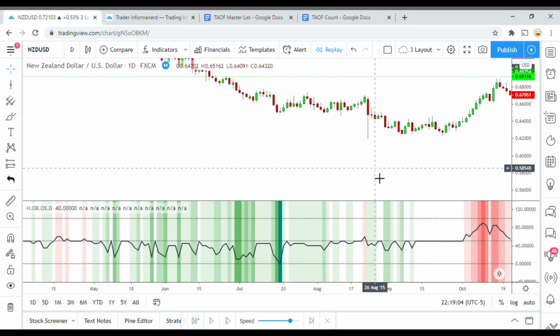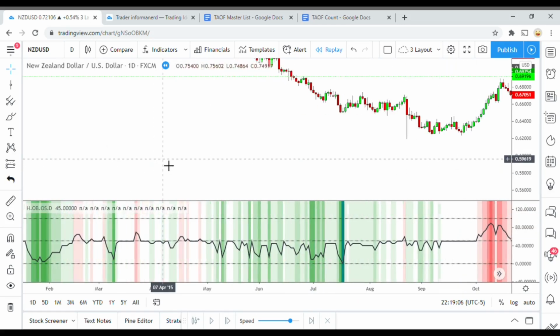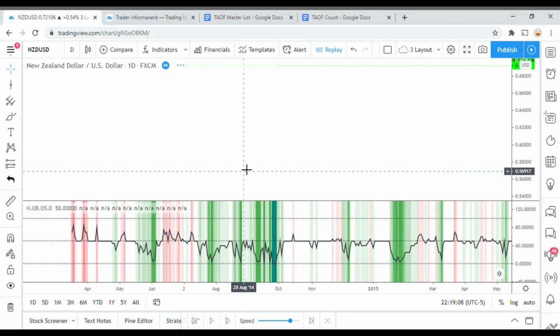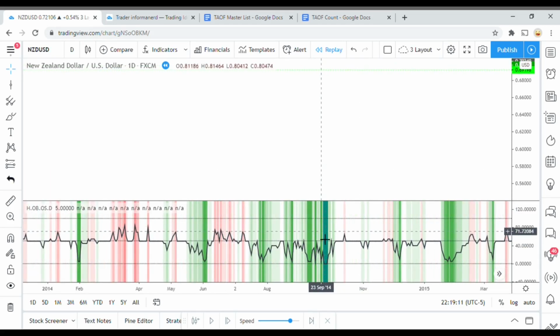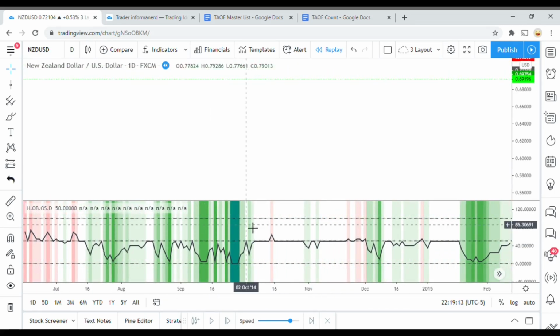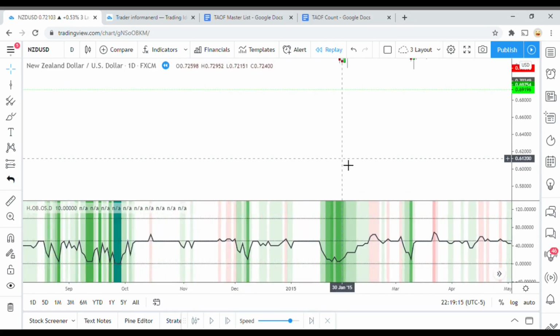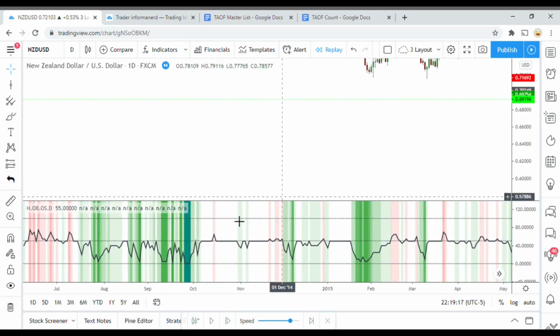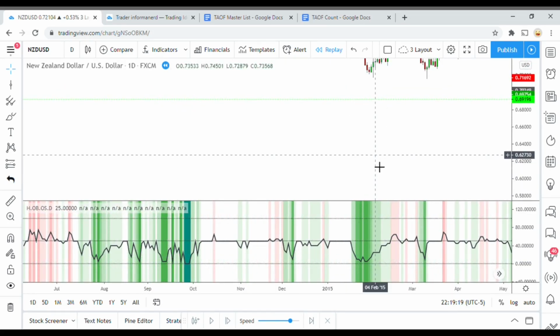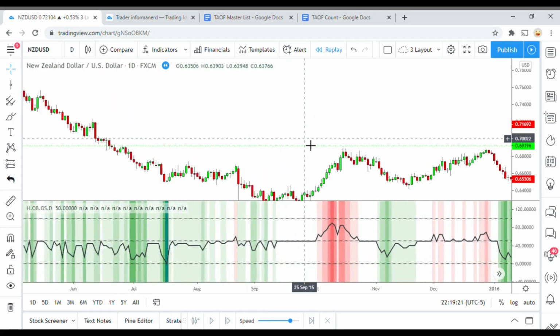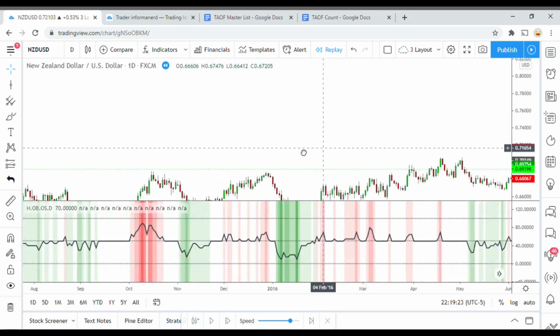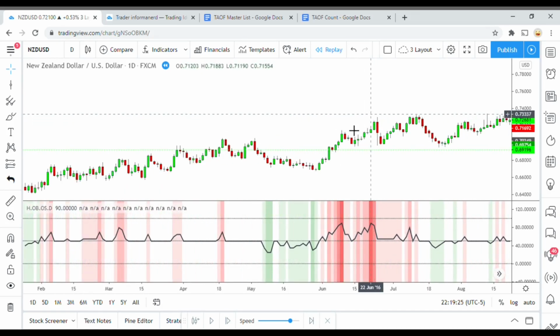And on the opposite side, you can see here, it does the same thing. Really, really heavy green color. And that's when I believe all of the indicators are in that overbought or oversold position.